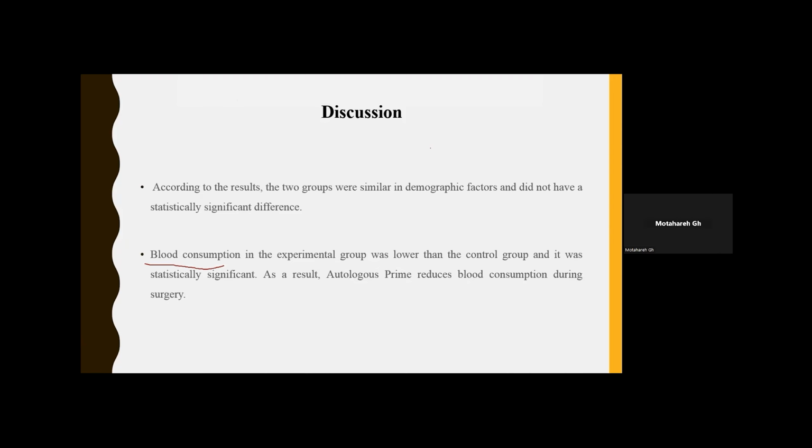According to the results, the two groups were similar in demographic factors and didn't have a statistically significant difference. Also, blood consumption in the experimental group was lower than the control group, and it was statistically significant. As a result, autologous prime reduced blood consumption during surgery.